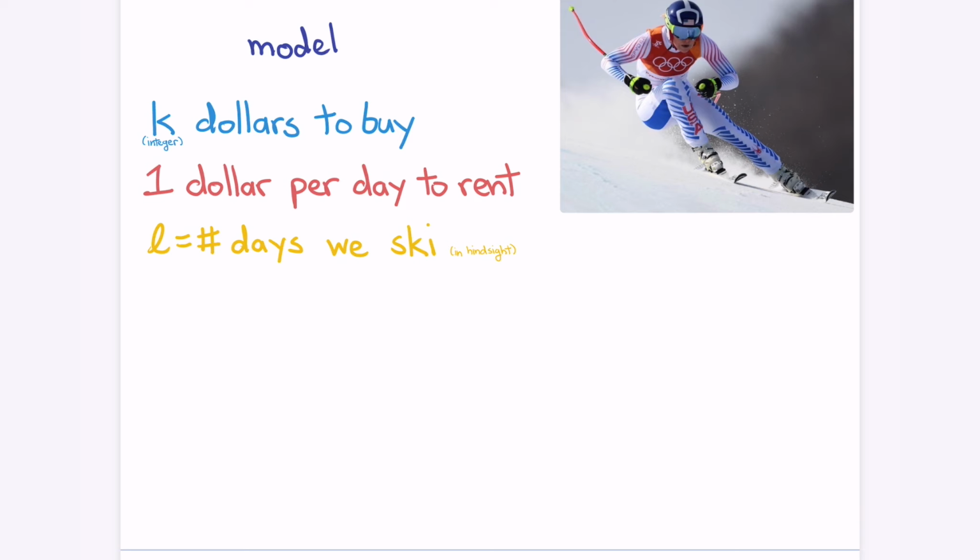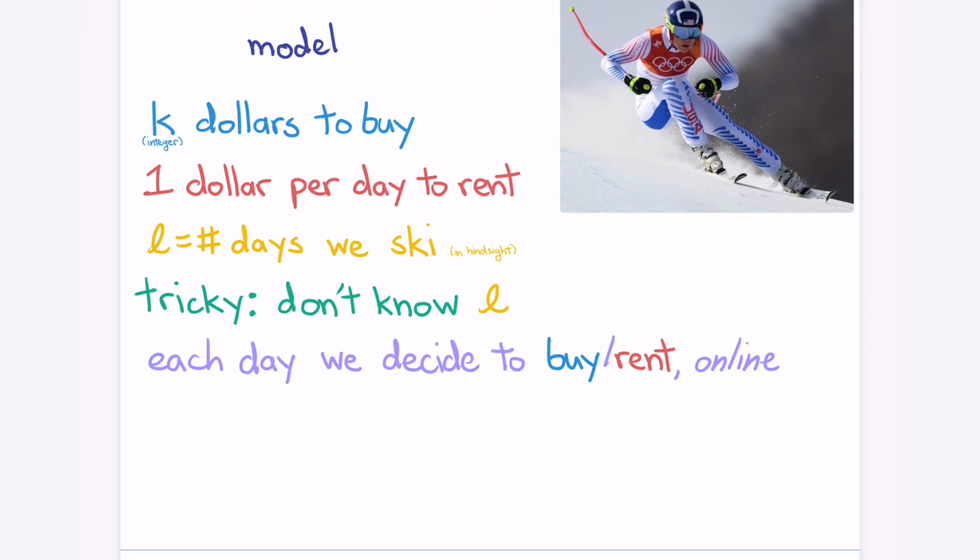And L denotes the number of days we end up skiing in your entire life. What makes this tricky, of course, is you don't know L. So every day you decide whether to rent the skis again or to finally buy the skis, without knowing if today will be the last day you ever ski. It's a volatile world out there.